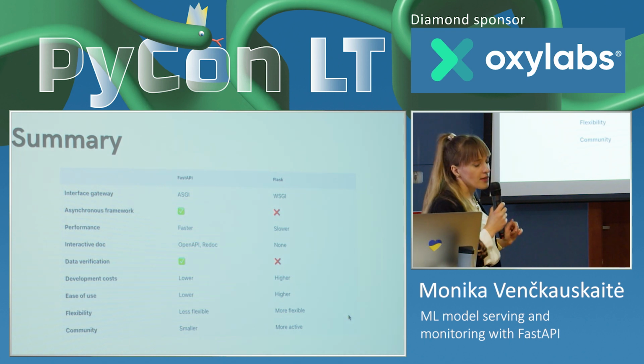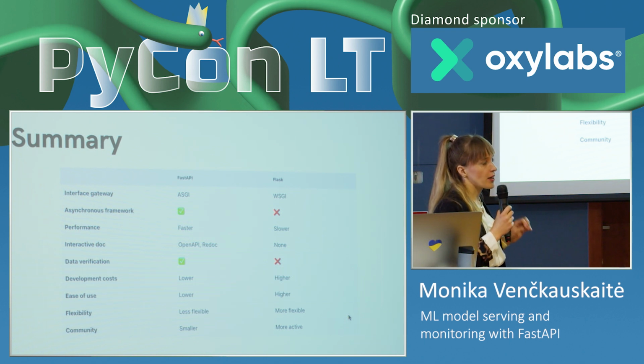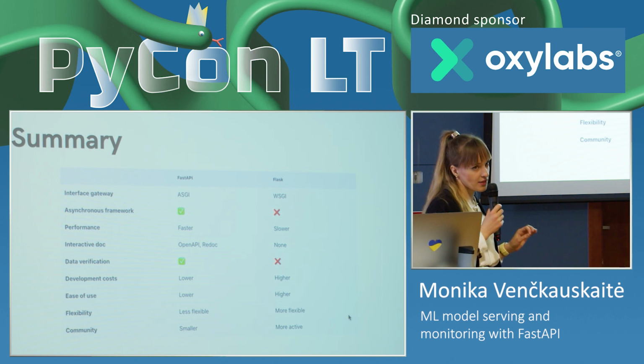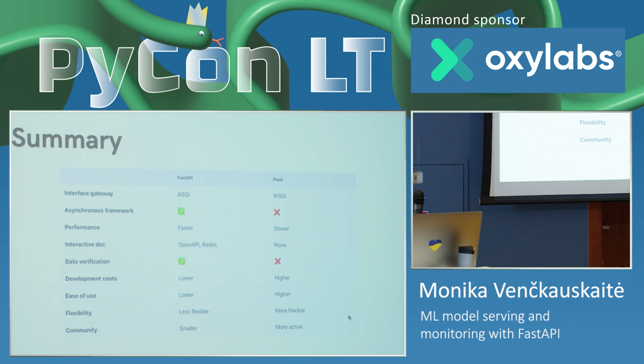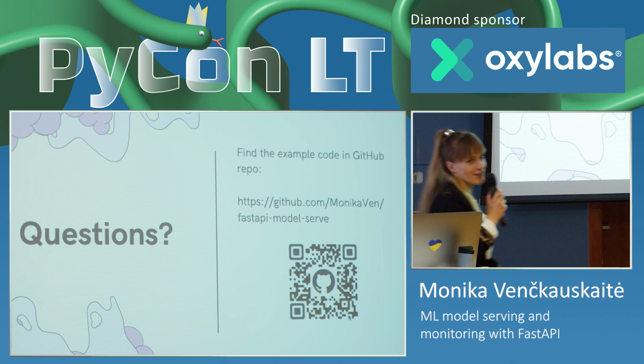So in certain cases where you need to stay very flexible and to be able to configure your APIs to the details, you might want to choose Flask, and sometimes these cases are split into microservices. But other than that, FastAPI is doing everything faster, and it's fun to work with because it's less code to write.